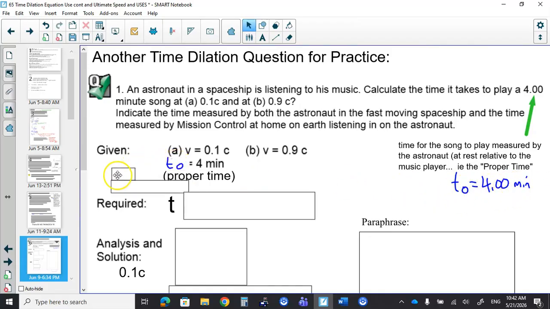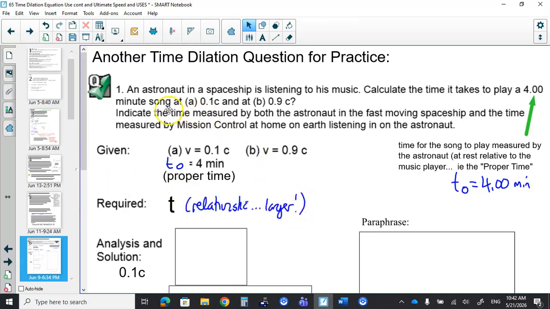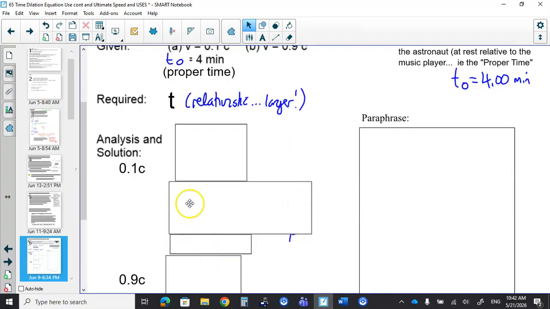Okay, so then you're looking for the relativistic time. What an Earth observer would measure, it says: indicate the time measured by both the astronaut in the fast-moving spaceship and the time measured by mission control at home, listening to a radio broadcast of it happening in the spaceship, right? So for the calculations, here's the equation.